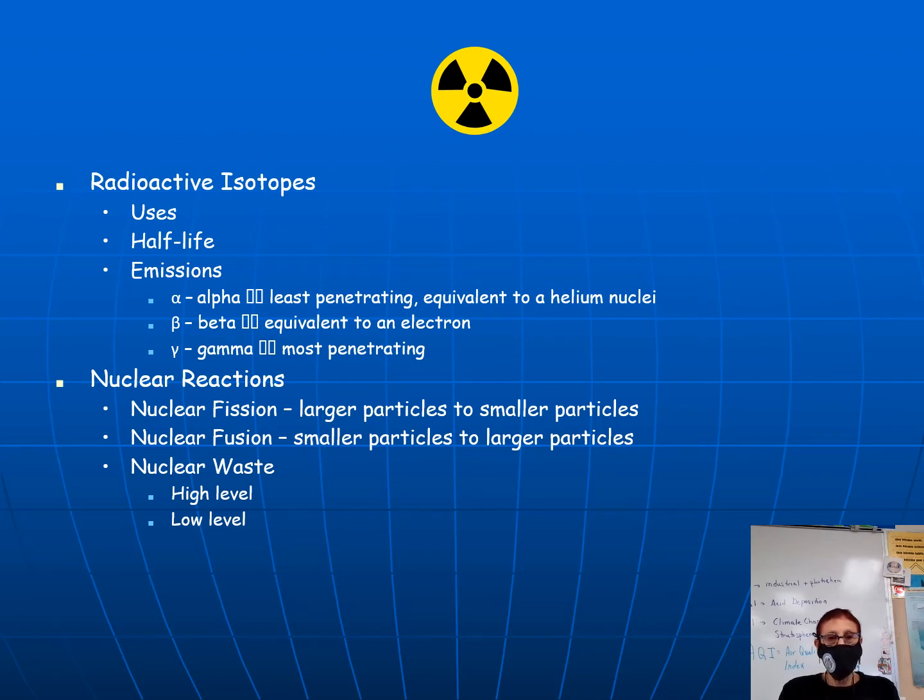And again, we looked at nuclear reactions. We looked at the idea of nuclear fission, which is breaking things apart, larger things to smaller things, such as what goes on at a nuclear power plant, and also nuclear fusion, which is from smaller to larger.